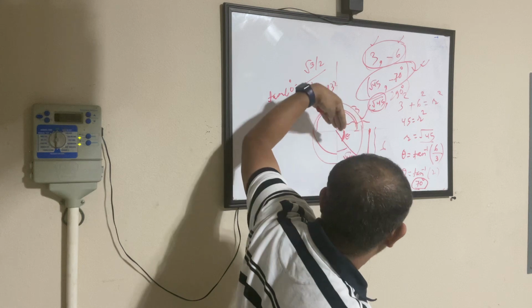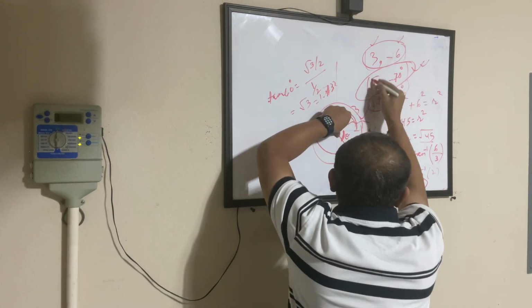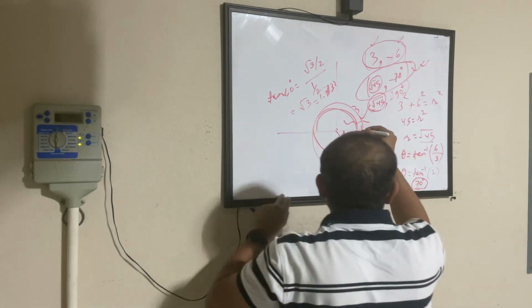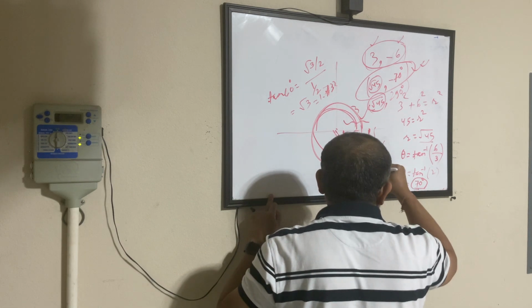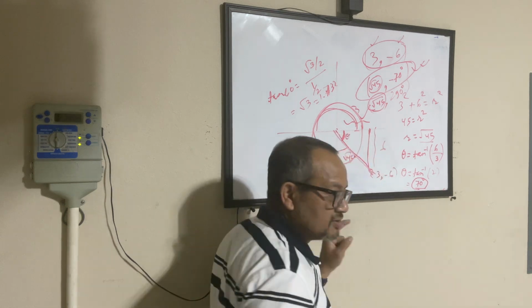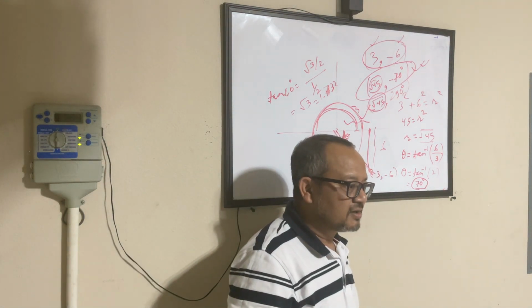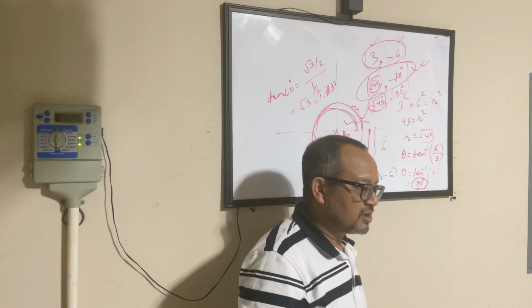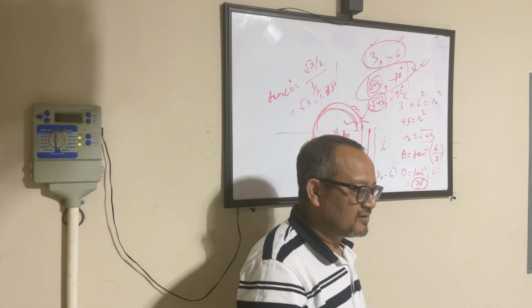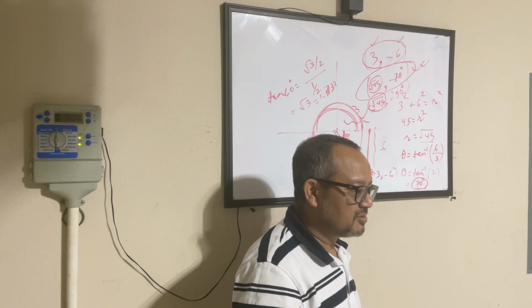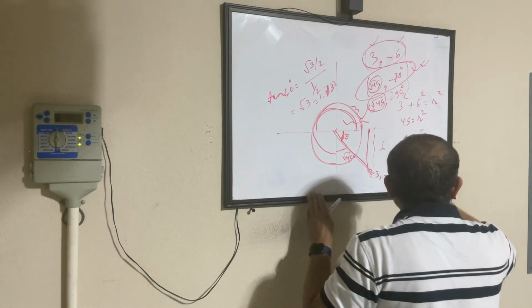But here we found the angle this way and measured in that direction, so it stayed positive. Even if we went anti-clockwise, the angle stopped here and we measured in that direction of the angle, so it remained positive. Does it make sense or not? Everybody? Okay.